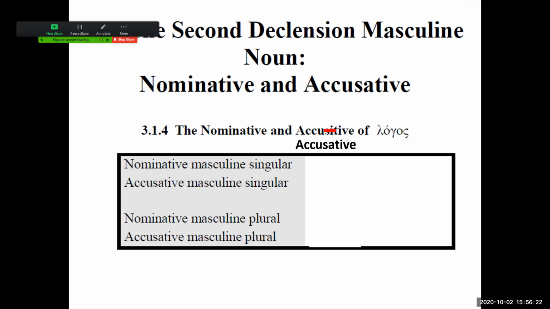Now, there's another function that a noun can have, not just the subject. It can also be what we call the direct object. A verb can have an object. A verb can have a subject. He, she, or it, for example, or I. But not just a pronoun. It can be Peter. Peter hears.